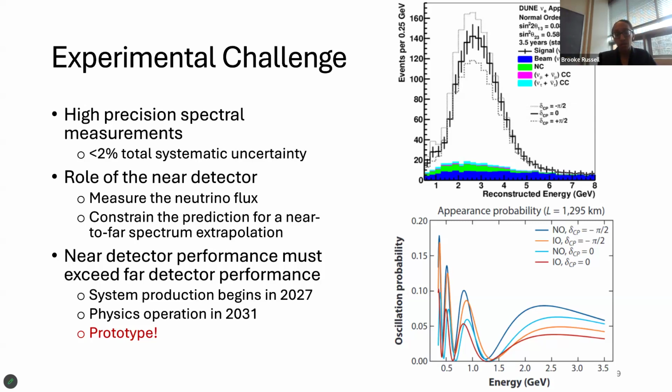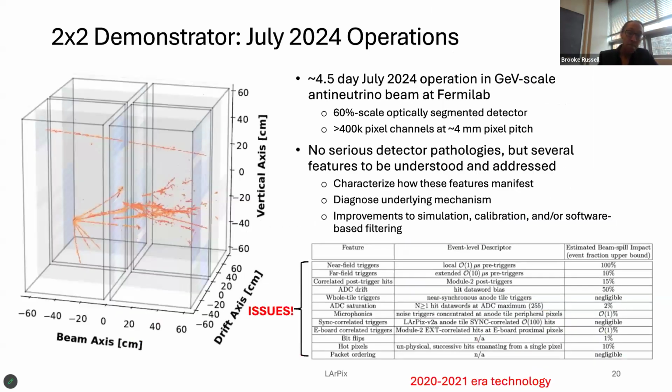In producing this charge readout system, we'll begin production in 2027, and it'll be deployed in 2031. So between now and then, we need to make sure we get it right and that our design is performant and will deliver. To do that, we prototype.